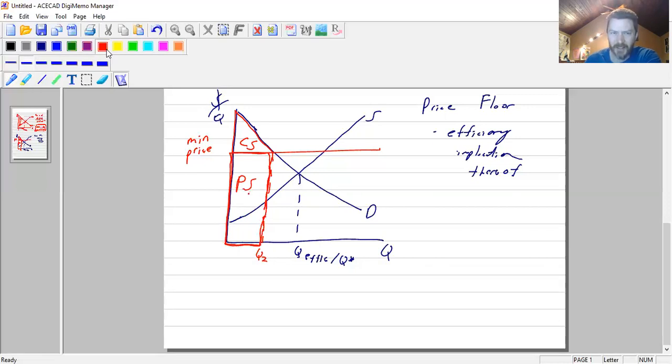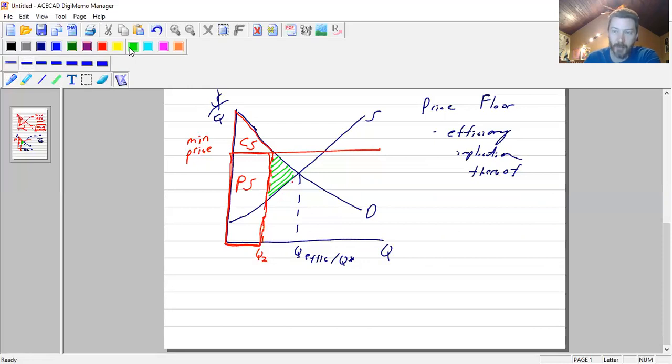So what do we see here? Let's switch over to green. This area here, this triangle, well, lo and behold, that would have been part of the surplus before, but it's not. It's just disappeared.